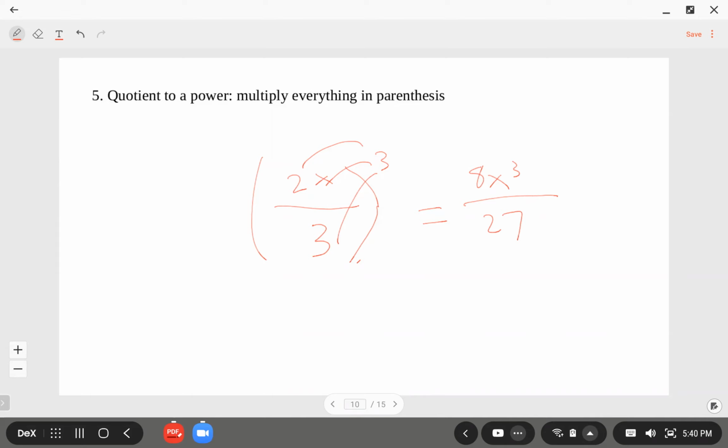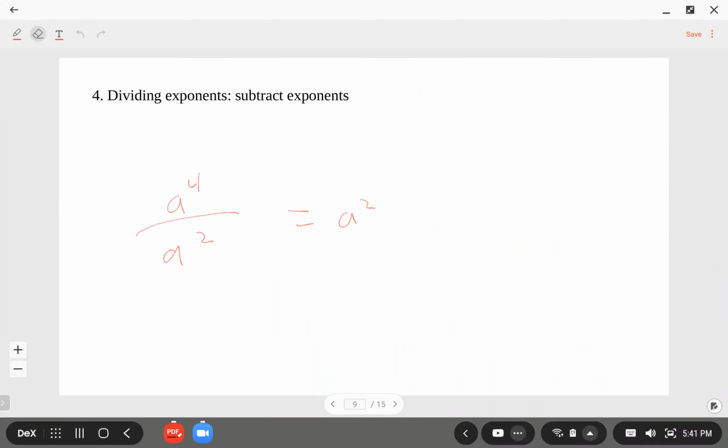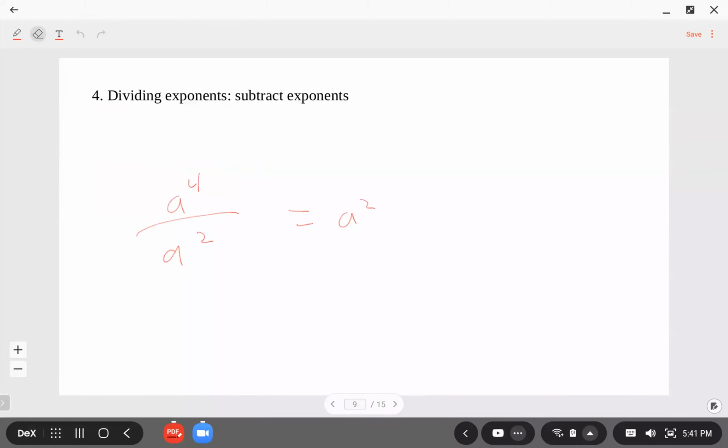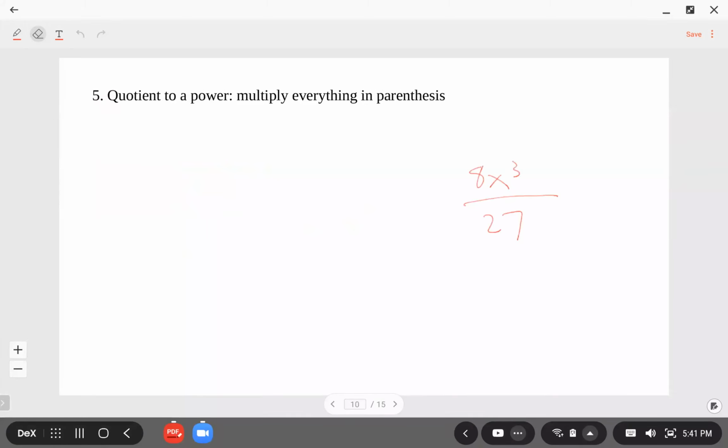So does everybody understand this quotient to a power? This should be quite easy because we've done product to a power. What is this? Yes, our third property, product to a power. Multiply everything in parentheses. And most of these properties are basically pretty similar, division and multiplication.